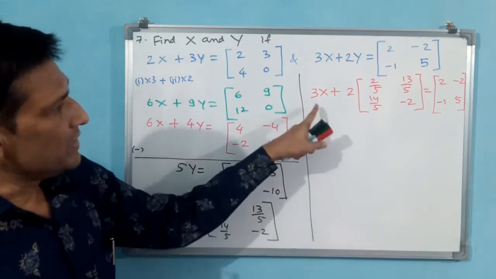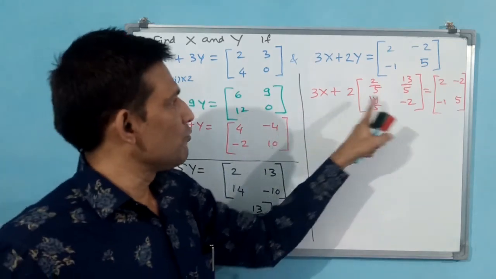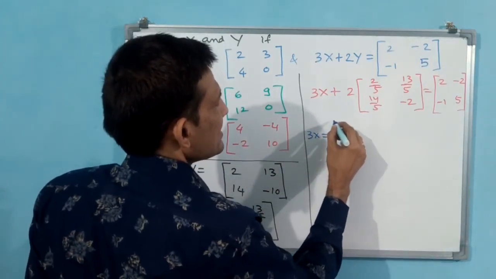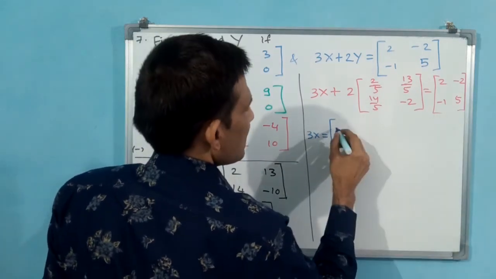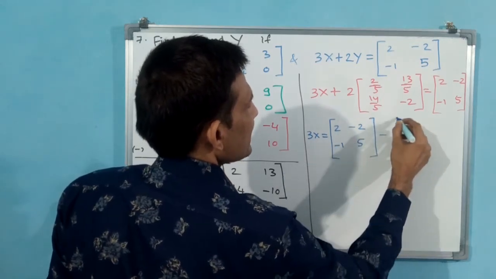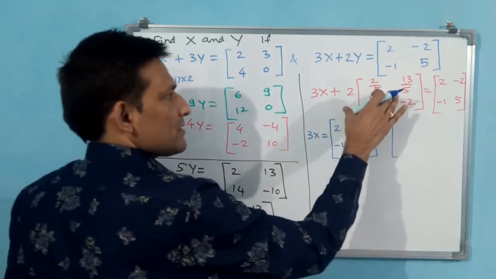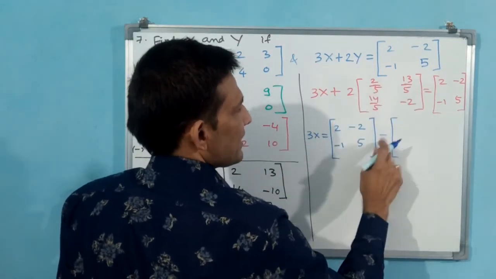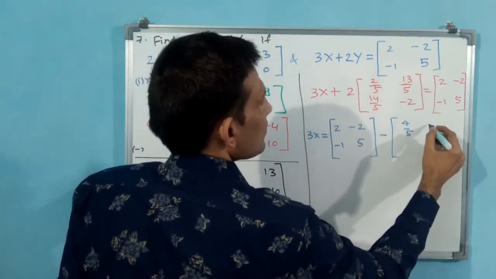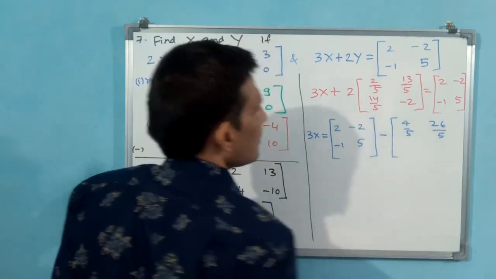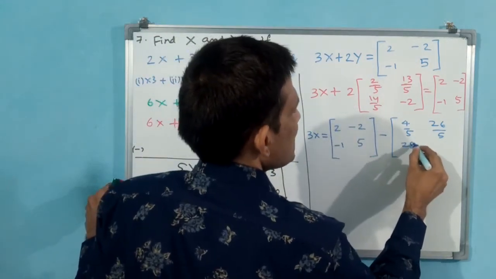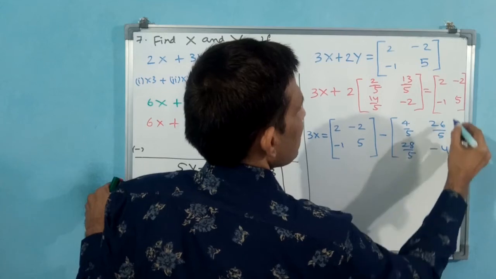Okay. Now 3x you keep like this only, but what we do, this you multiply and subtract from that one. How I am doing, you see, 3x is equal to, first this will be same, equal to that side, 2 minus 1, 5, minus, now this will go to that side, minus already there, but you multiply 4 by 5, 26 by 5, now 28 by 5, minus 4.